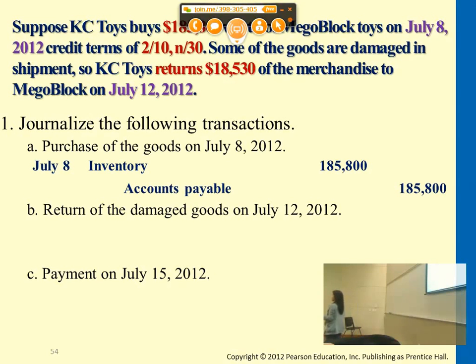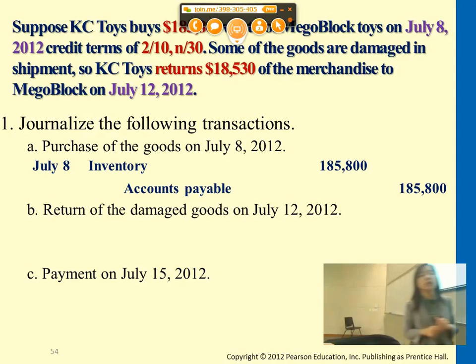Because if it's a cash transaction, then there's no point of stating the 2/10 net 30. The seller would not need to encourage the purchaser to pay the money in advance because they already paid it. So credit terms are a hint for you to know that this is not a cash purchase entry. This is an entry where your company has not yet paid the amount. This is on account, which is why you see the credit terms.